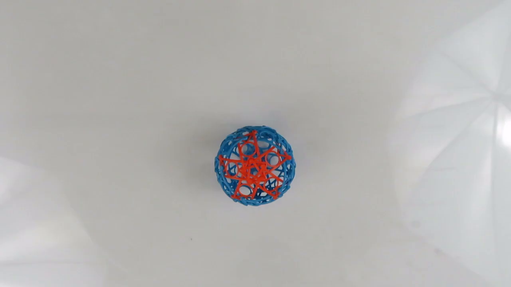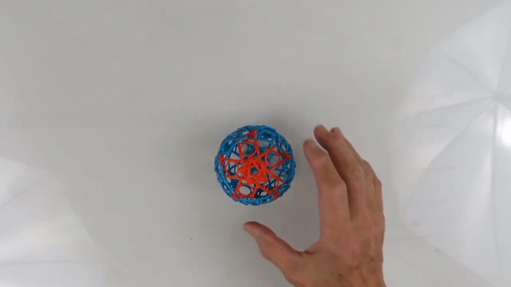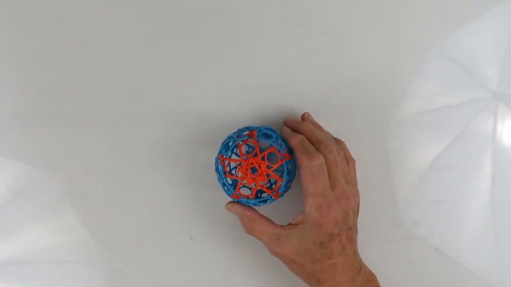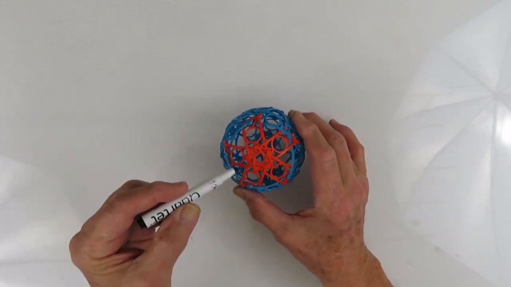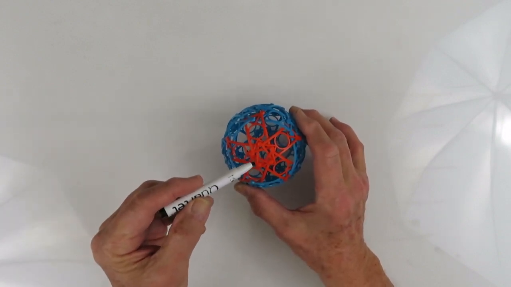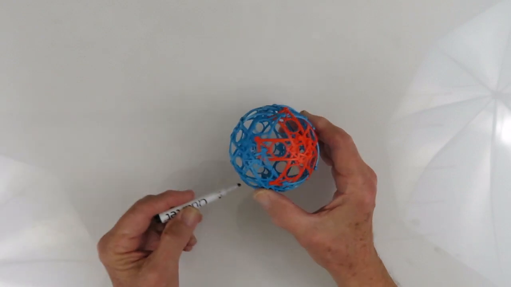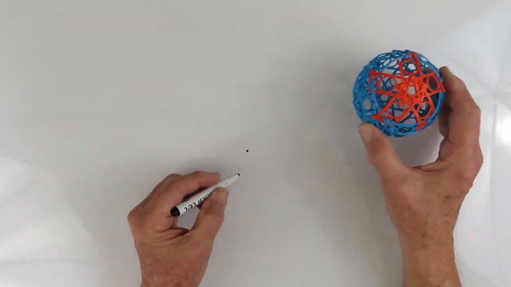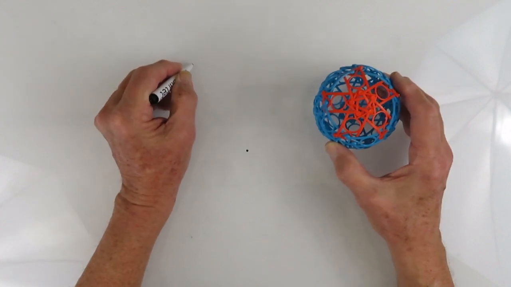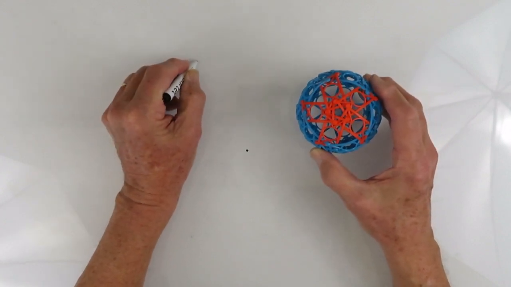So the next structure we want to study the grammar for is the icosahedron. In the icosahedron, there are 5 edge nodes, and all 12 of the nodes in the structure are 5-edge. So we can write the grammar for this structure very simply.